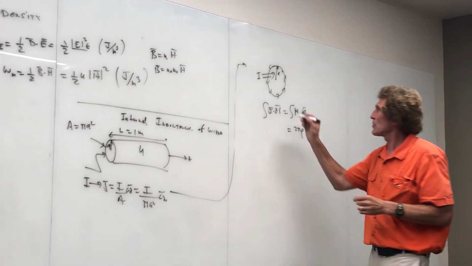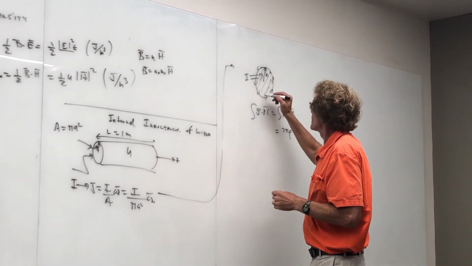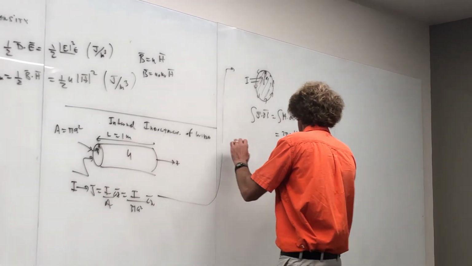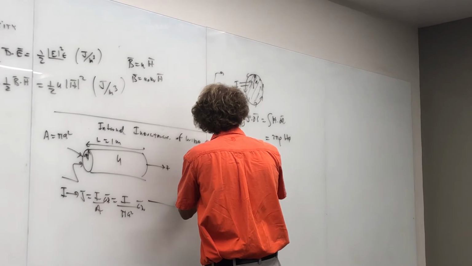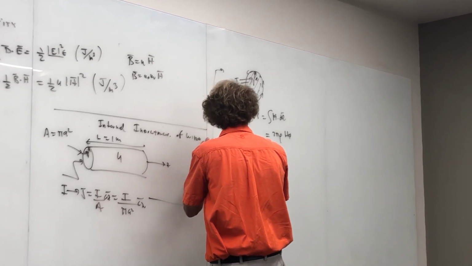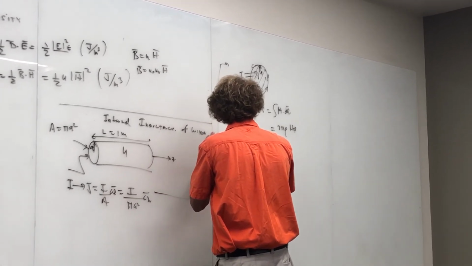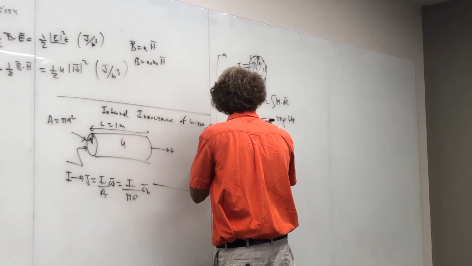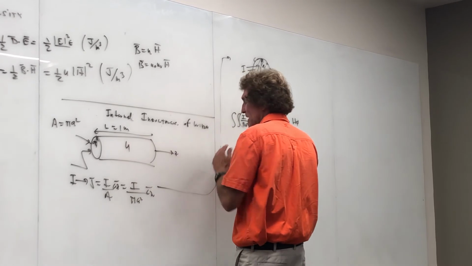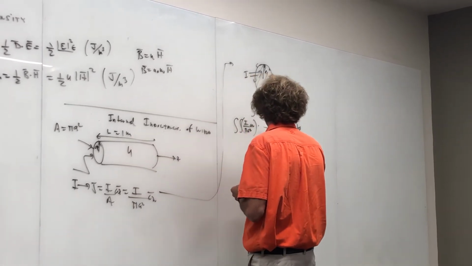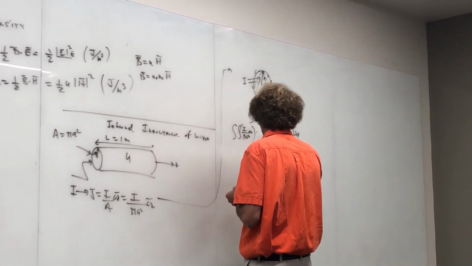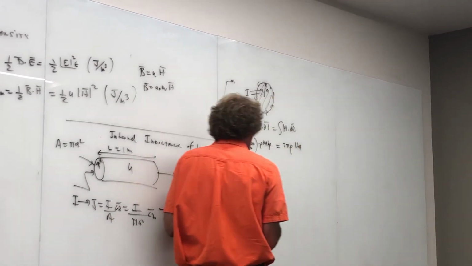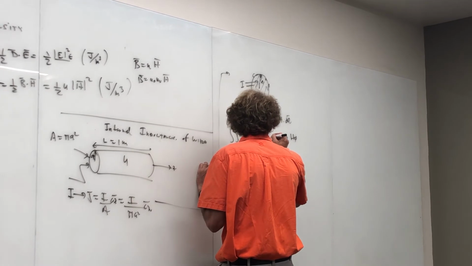Now what I need is the total amount of current penetrating that, right? Well, I've got J equal to this, so this would technically be a double integral of J, which is I over pi A squared AZ, times ds. Well, ds in this case is going to be rho d phi d rho, and AZ.